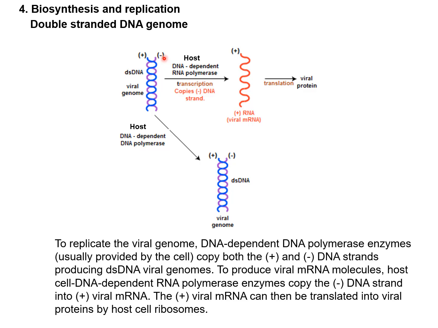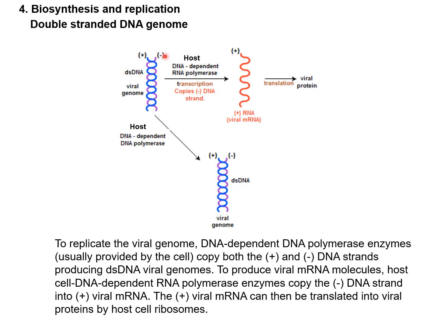Remember, this is relevant for this lecture as well. When I say positive sense, this means that it has the same sequence as an RNA that can be translated by a ribosome, of course, replacing the uracils with thymidines. On the other hand, we have the negative sense strand, which is complementary to an RNA that can be translated by a ribosome. And this terminology, we will be using throughout this lecture today.